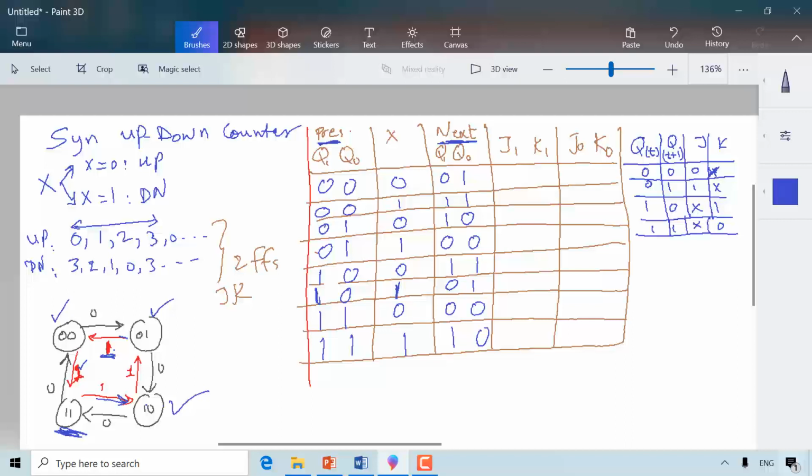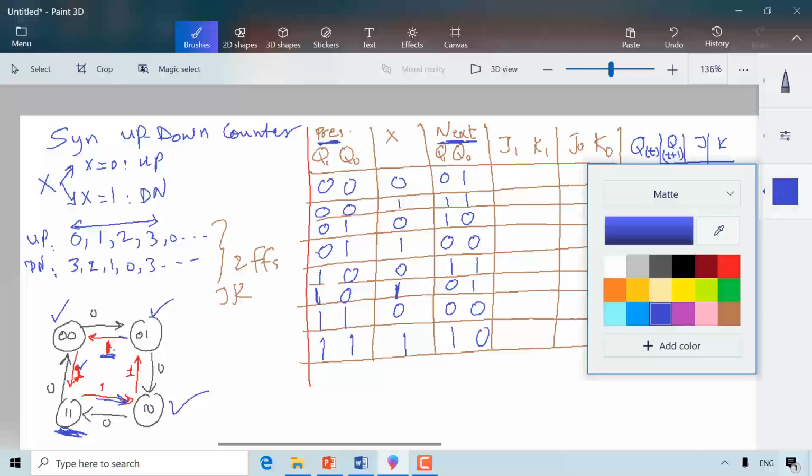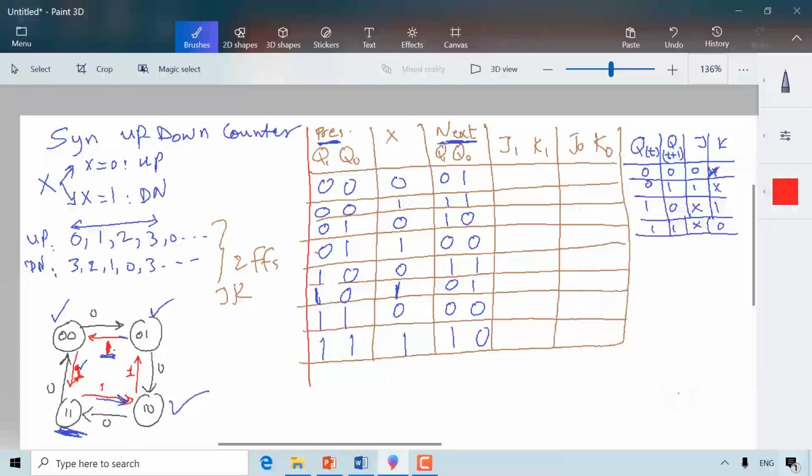So now let's use a different color here, red for example. I can see the present state of Q1 is 0, next state is 0. So this will be 0x, 0x.